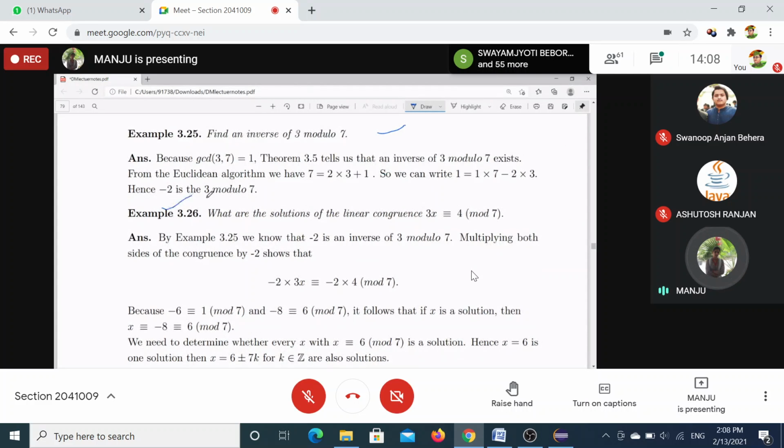If you are done with the inverse, you can easily find the solution for linear congruence. Linear congruence is of the type AX is congruent to B mod M. One way is by the definition of congruence modulo M, that is, M divides AX minus B. Find one value.